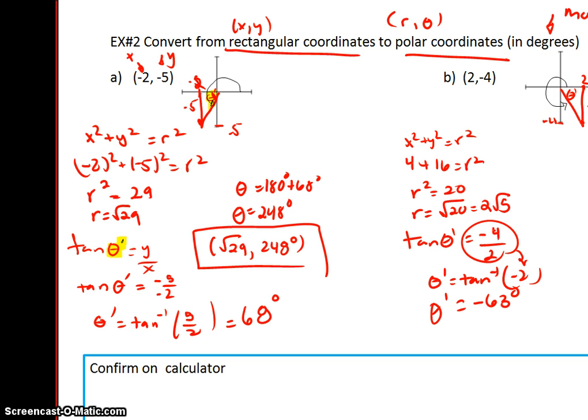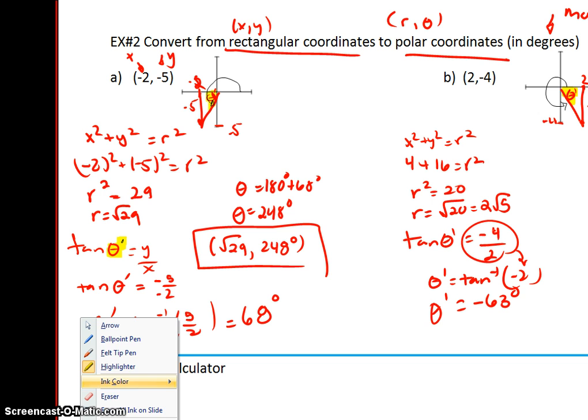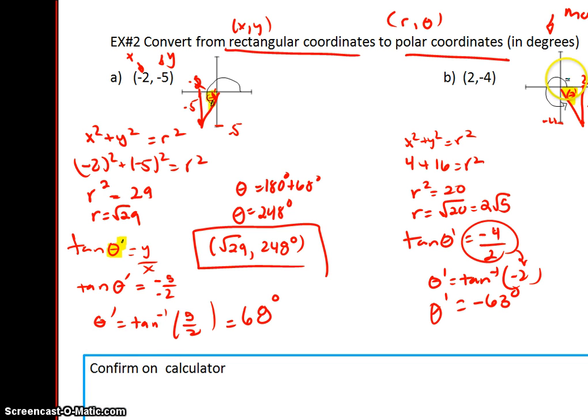Okay, what that tells you is that the measure of the angle inside the triangle is positive 63 degrees, but we want the big reflex angle, the one that's out there, which is the whole circle, 360 degrees, except for that 63 degrees. So our theta, this big angle out there, is 360 degrees minus 63 degrees.